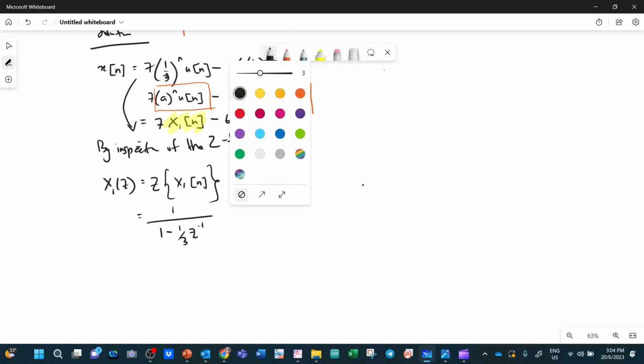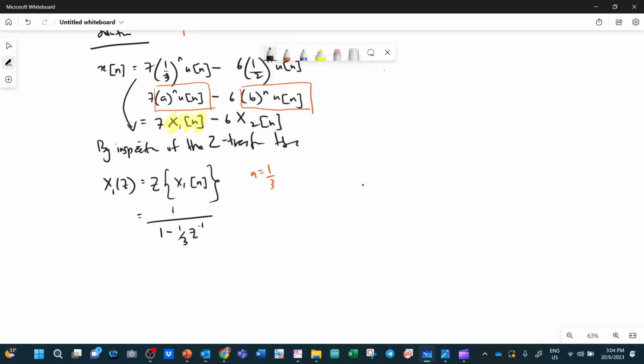And don't forget, I didn't put the 7 in front here. So we have X1(z) with its value, and then for x2[n] you have X2(z).